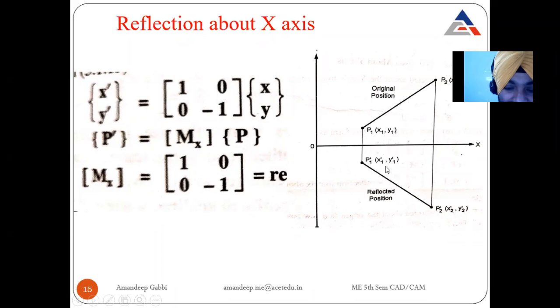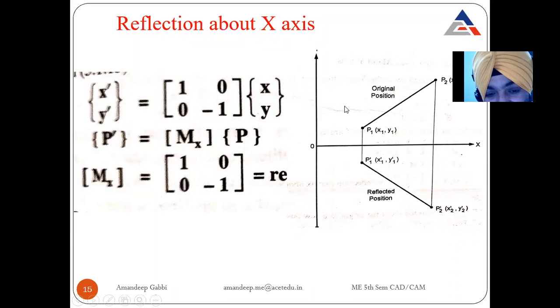Now that can be represented or solved with the help of a matrix, and that matrix is 1 0 0 minus 1. That can be read like this also. x is positive in this case and x is positive in this case also. Similarly, x is positive in P2 also.